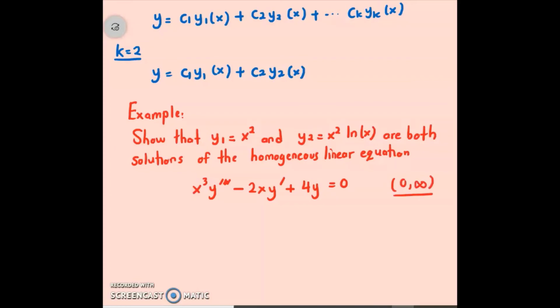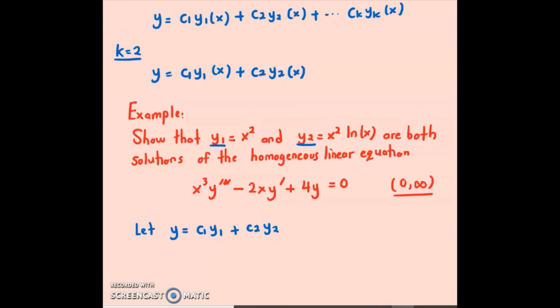How can we show that y1 equals x squared and y2 equals x squared ln x are both solutions of the homogeneous linear equation? This is where the superposition principle must hold. So we start by writing y equals c1 y1 plus c2 y2.